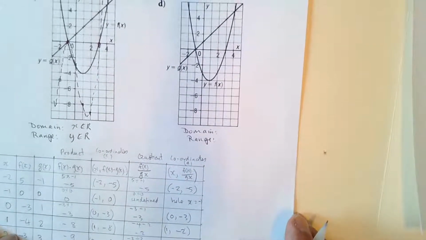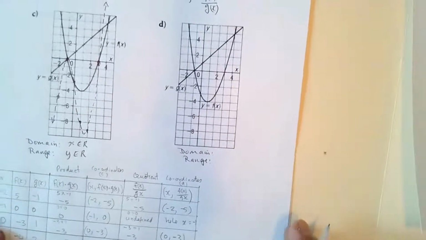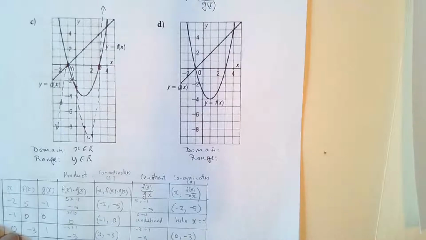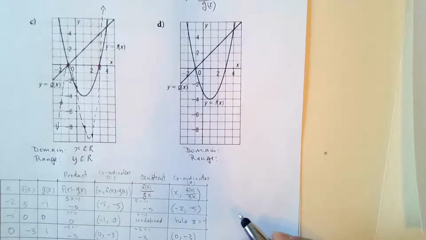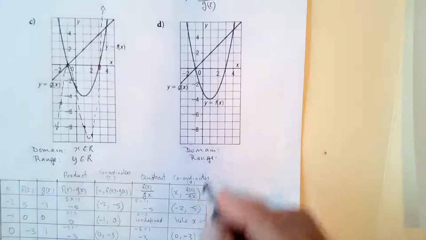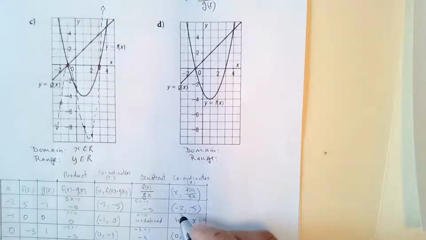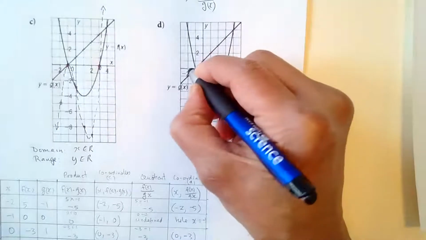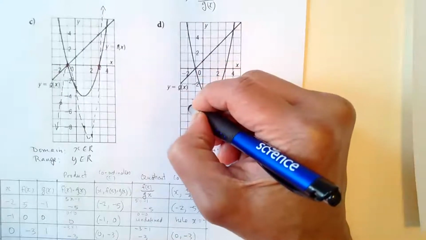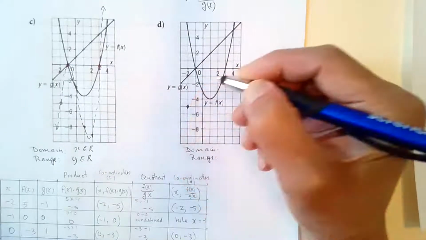So now I go and plot those points and connect them with a straight line or a smooth curve. Let's see what we'll end up with here. So the first point is -2, -5, which is down here.